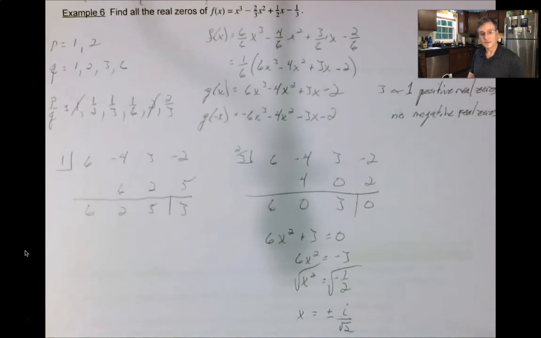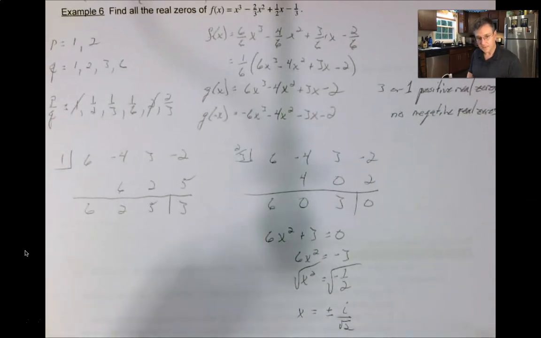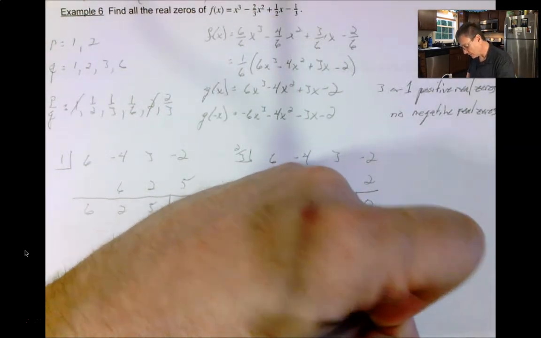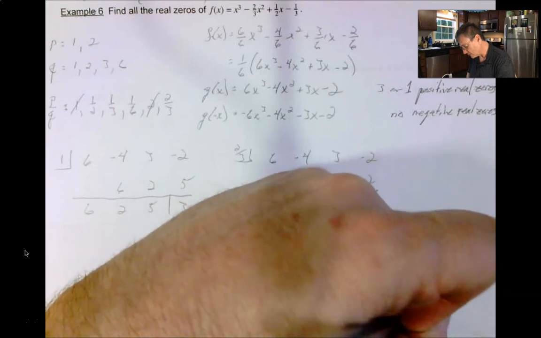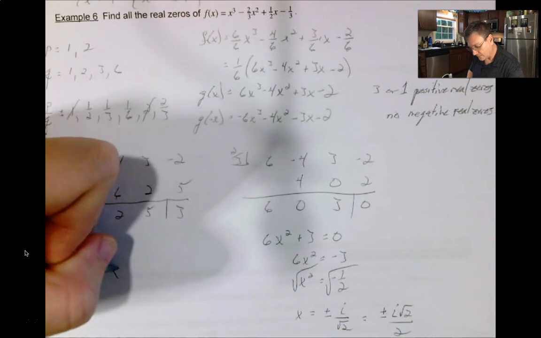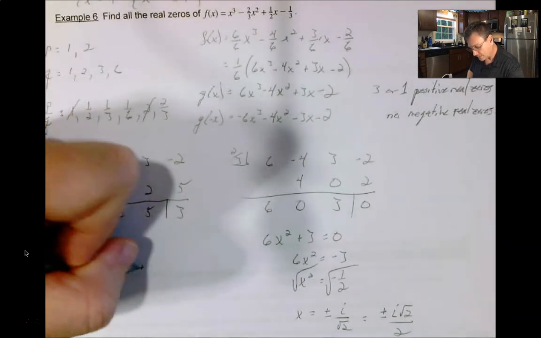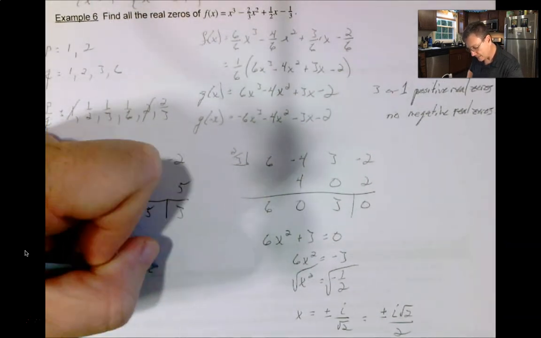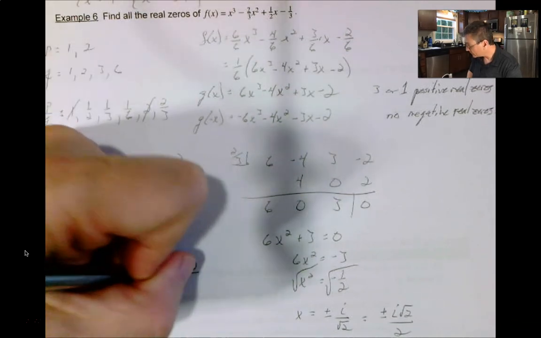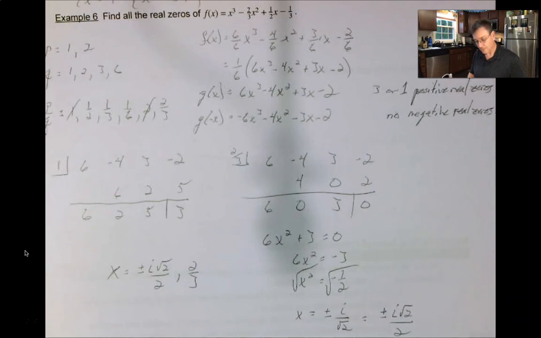If we rationalize that denominator, you don't need to, I'll be happy with this, but if you rationalize the denominator like your algebra teachers make you do, it's plus or minus i square root 2 over 2. So x is equal to plus or minus i square root 2 over 2 and 2/3 is the other answer.